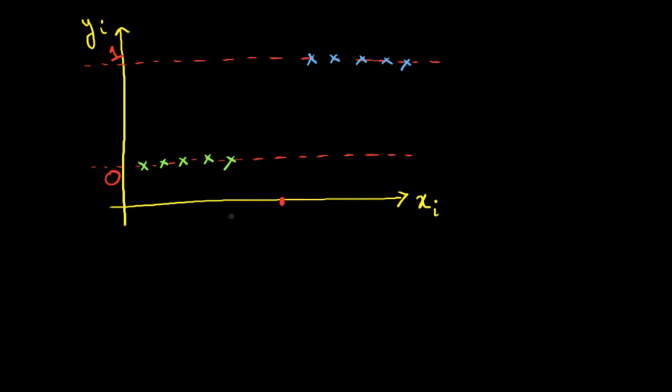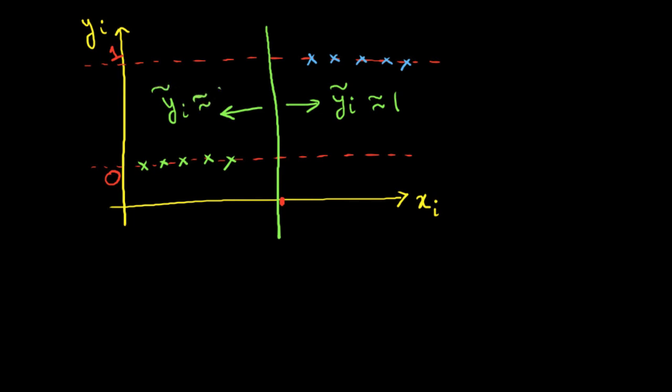In the simplest possible case, you can try to find a vertical line which does a perfect separation between these points. Let's say I find a single straight line, something like this, which separates the two. On this side, our yi tilde should be equal to 1, and on this side, our yi tilde should be equal to 0.